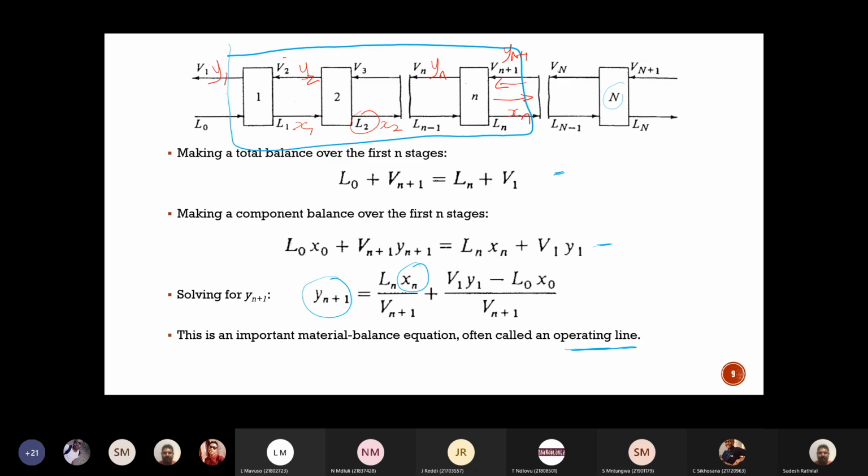It goes across the board. Operating line and equilibrium line. If we plot yn plus 1 versus xn throughout the entire column, that will give me the operating line. If I plot yn versus xn, that will give me the equilibrium line. So you'll have two lines.